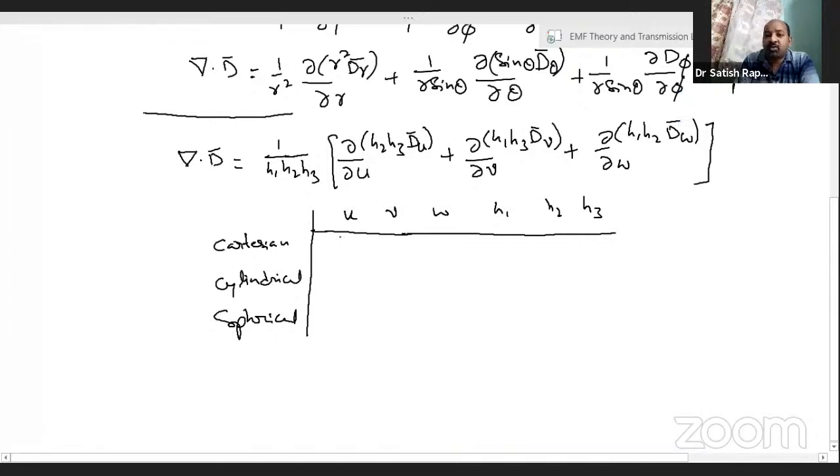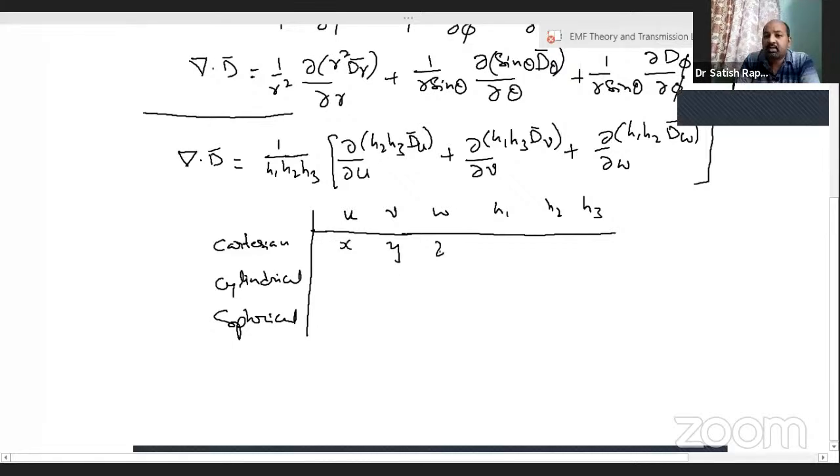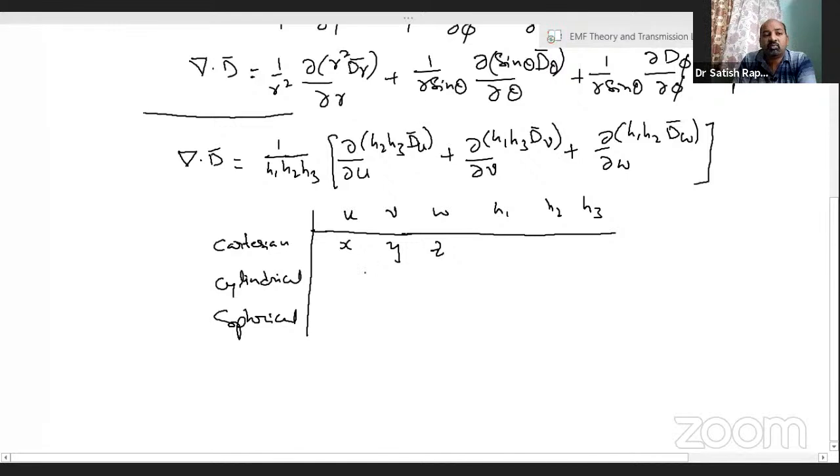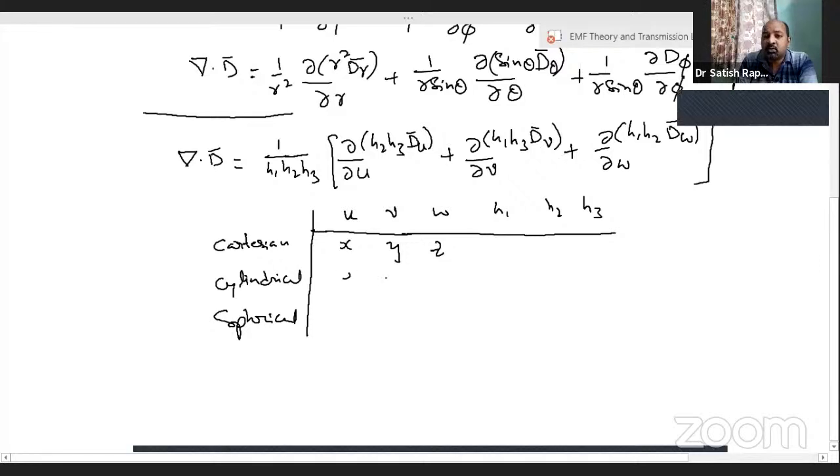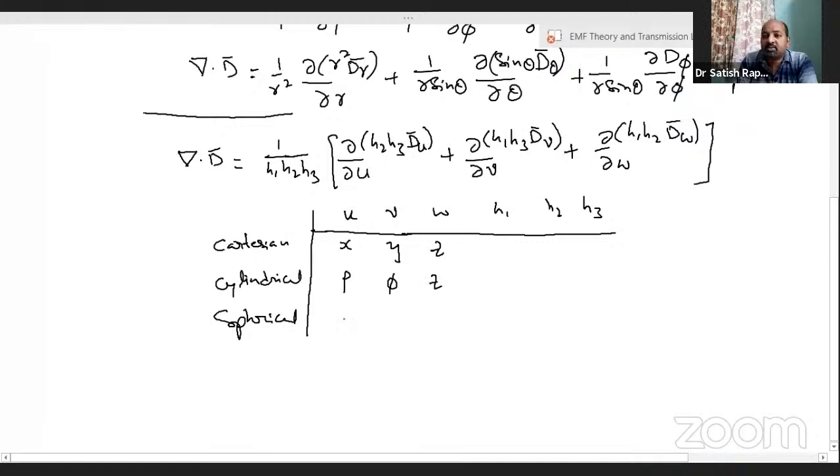For the Cartesian coordinate system, u, v, w means x, y, z. For the cylindrical coordinate system, rho, phi, z. And for the spherical coordinate system, r, theta, phi.